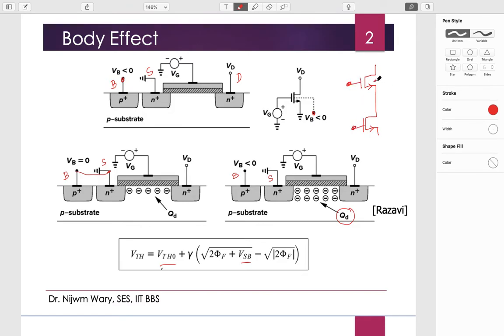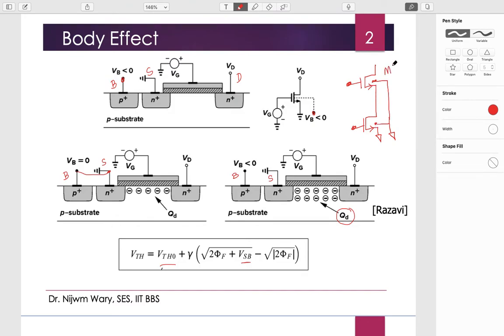As we know from our previous discussion, all the bulk terminals have to be connected together, and this will generally be connected to the ground.